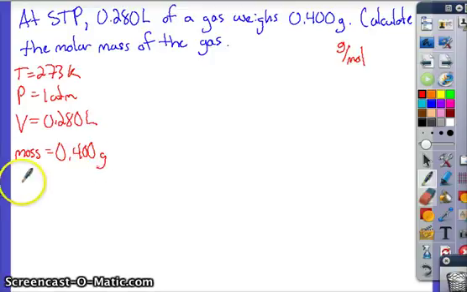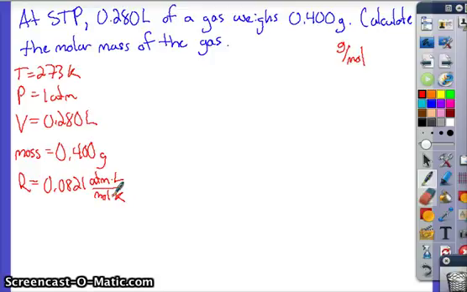You will always have R, because we're dealing with atmospheres. Our R value is 0.0821, and that's going to be the pressure volume on top, so that'd be atmospheres per liters, mole, Kelvin.